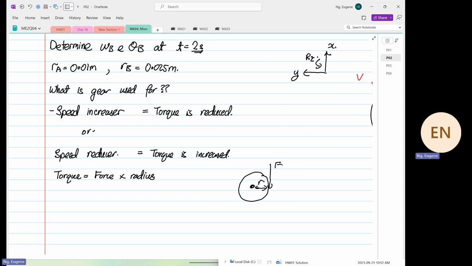This is your radius. Now, can someone tell me the formula for moment? What sort of distance? Yes, it's equal to force times perpendicular distance.